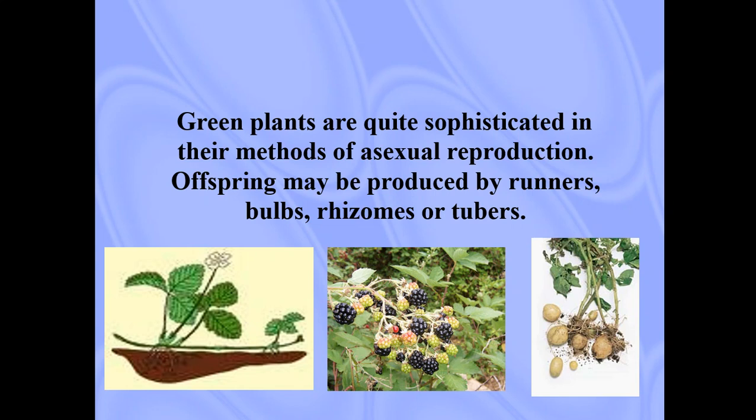Pag sinabing rhizomes, these are long, horizontal underground stems with nodes and internodes, so like ginger. Okay po, so that's rhizomes. We have tubers. Tubers are swollen parts of an underground stem with pits or eyes where buds grow and develop into a new plant. Okay, examples of these are sweet potato, yam, carrot, cassava. Okay, so these are tubers.